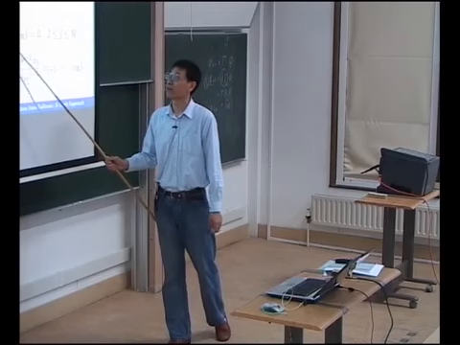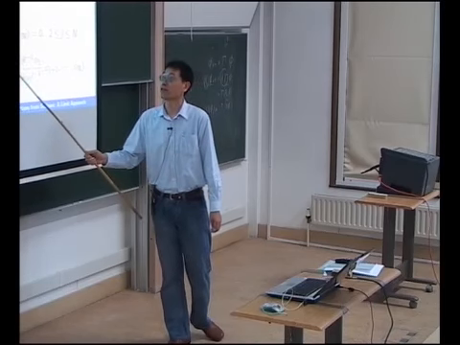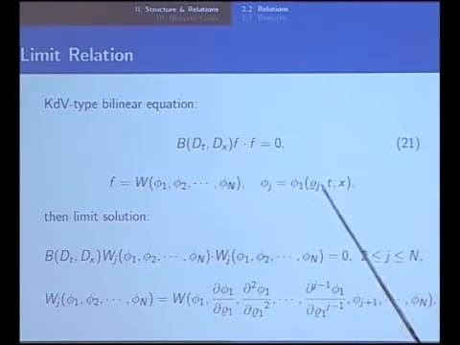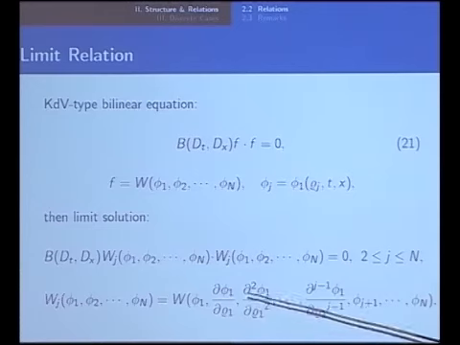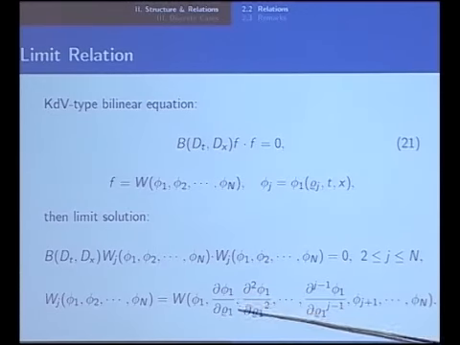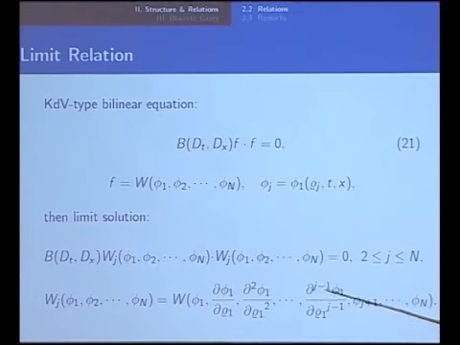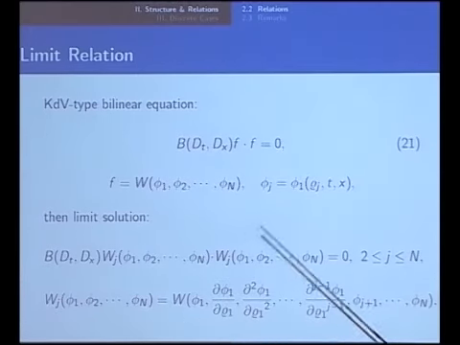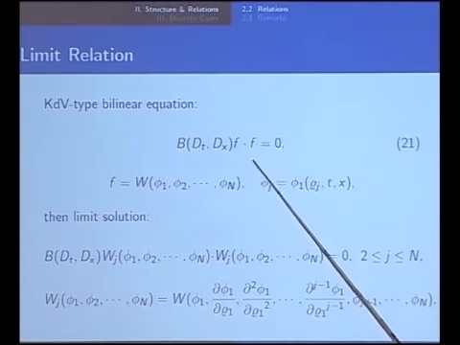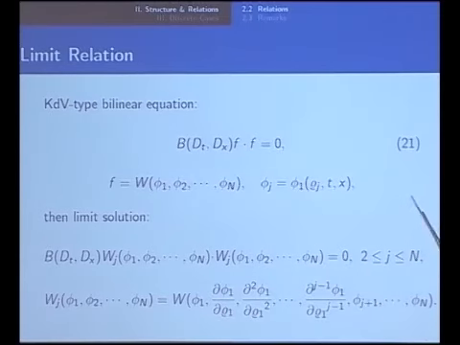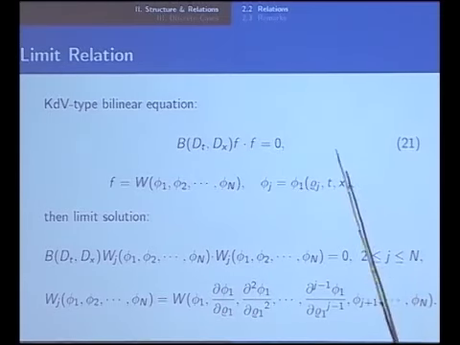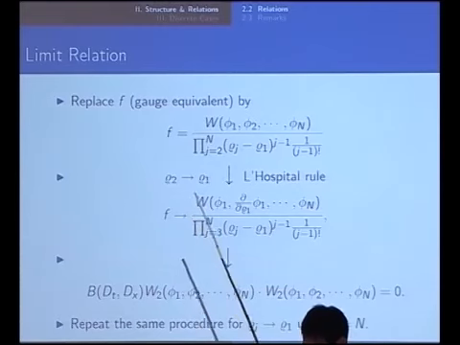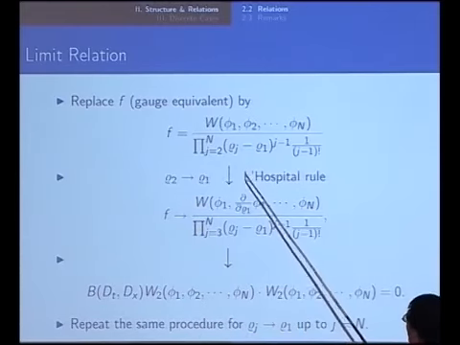For the Jordan block, the solution can be obtained by some limit procedure. So this is solid. This is a Wronski with different phi 1, phi 2, and we can take some limits and get derivatives. And in this way, Wj is also a solution of the binary equation.